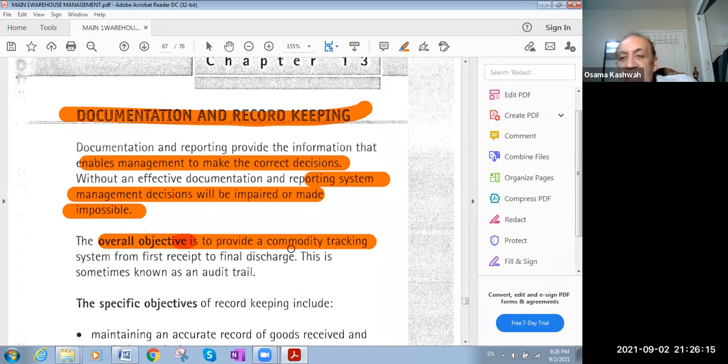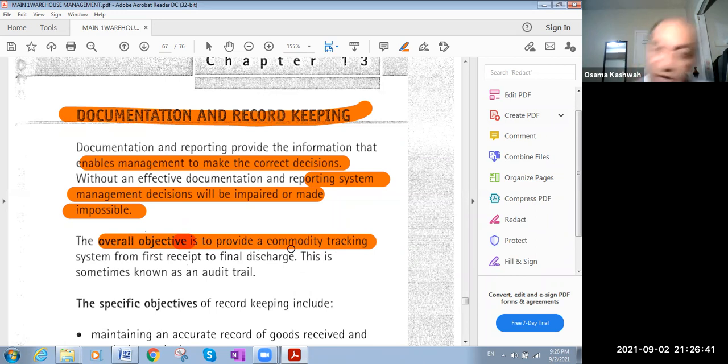Because tracking means I just want to see how many units came to the warehouse, how many units have been used, and how many units are still stored in the warehouse. I just want to make sure of the movement of the goods, which we call tracking the movements of the goods inside the store itself.